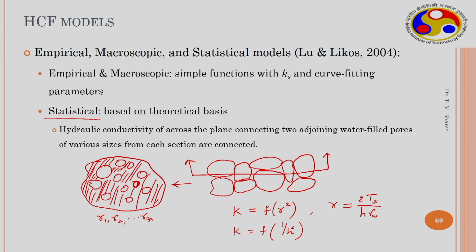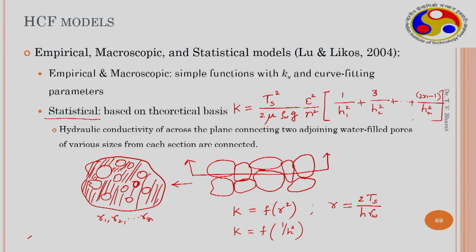When different probability functions are used, you may get an expression like K equals Ts square by 2 mu rho Wg, times epsilon square by n square, times 1 over H1 square plus 3 by H2 square plus 5 by H3 square, like that, up to 2n minus 1 by Hn square.